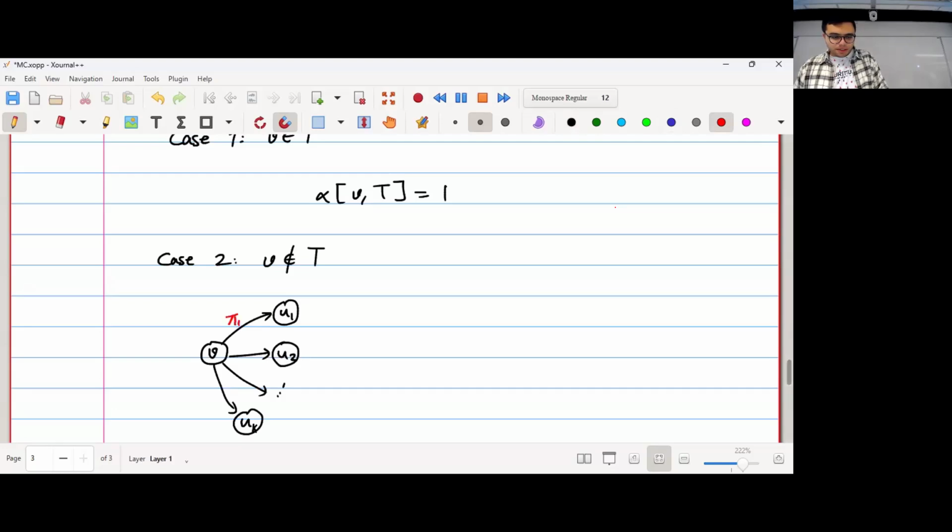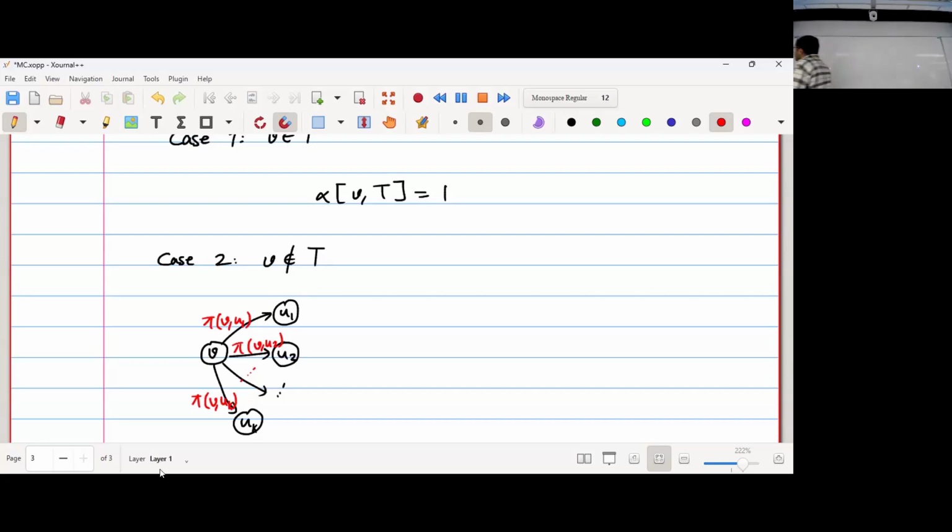So let's say this is P1, P2, PK. Or actually, I can just write P of V U1, right? So the probability of this one is P of V U1, the probability of this one is P of V U2, and so on. And this is P of V UK.